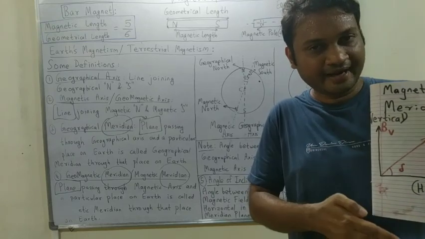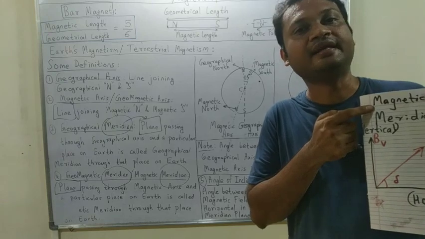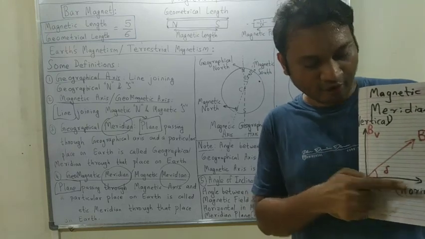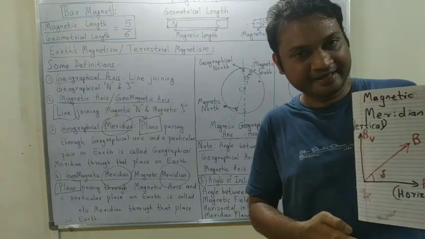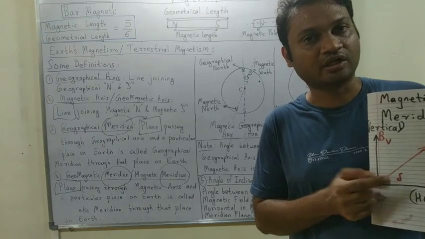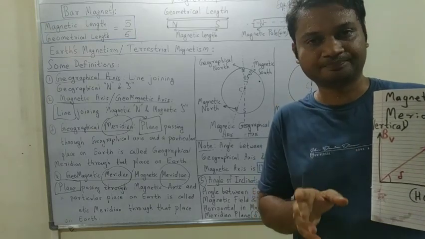This diagram should be made in magnetic meridian plane. The angle between Earth's magnetic field and horizontal in the magnetic meridian plane is called as angle of dip or inclination through that place on Earth.